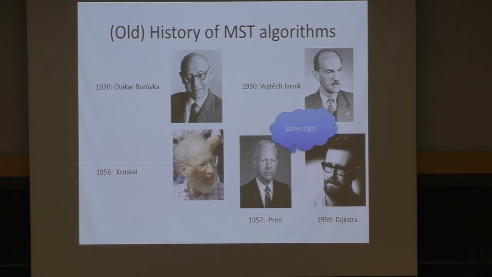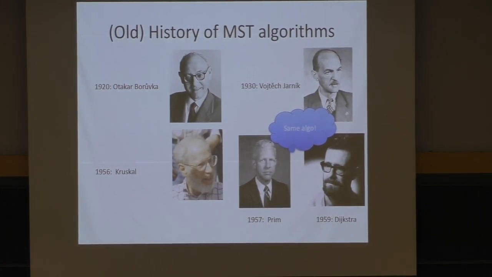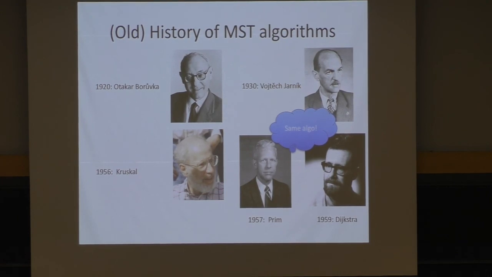Okay, so what we have seen are 3 algorithms. Actually, we will not formally prove the correctness of the reverse delete algorithm, not because it's not interesting, just because I think you will get fatigued of proving correctness of MST algorithms over and over again. We are going to prove the correctness of Prim's and Kruskal's, and one of the reasons is that there is a core lemma that you use to prove both together. So we're going to prove that core lemma first and use that to prove correctness for both Kruskal's and Prim's.